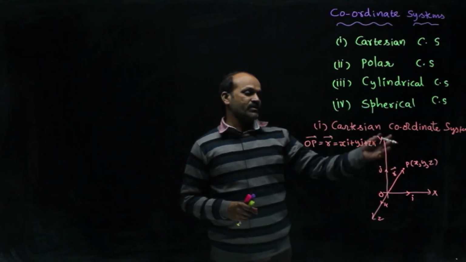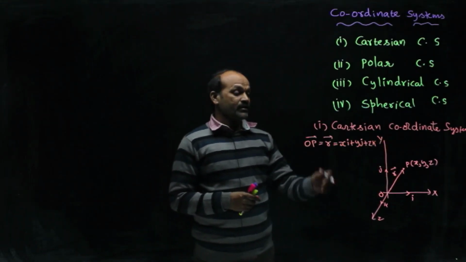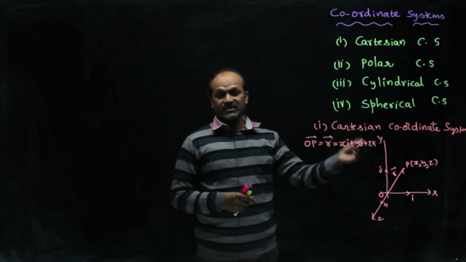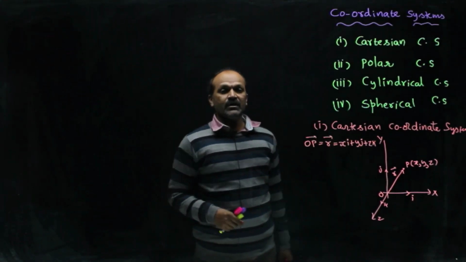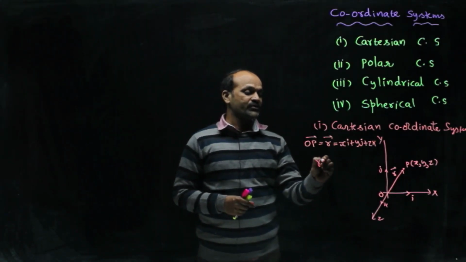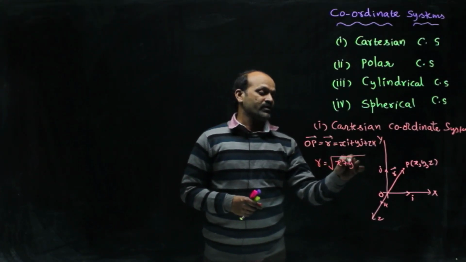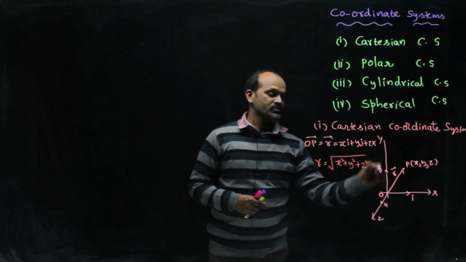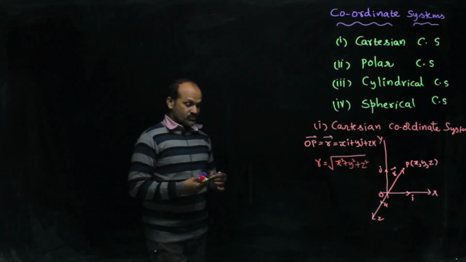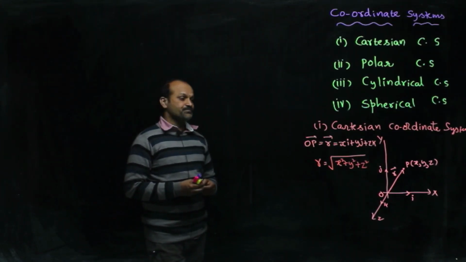For example, if you take only the xy plane, r bar is equal to xi plus yj. Similarly for other planes. The magnitude is the square root of x square plus y square plus z square. This is generally what we use in the Cartesian coordinate system.